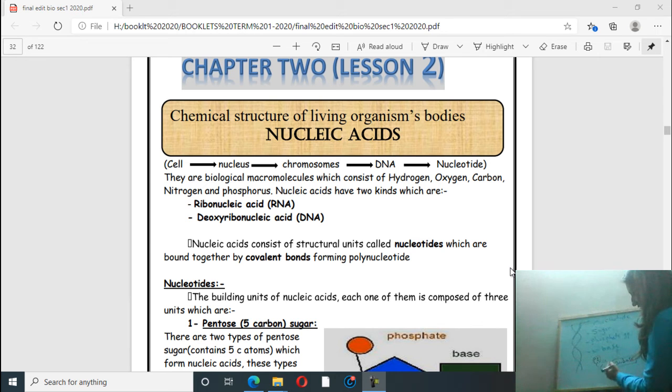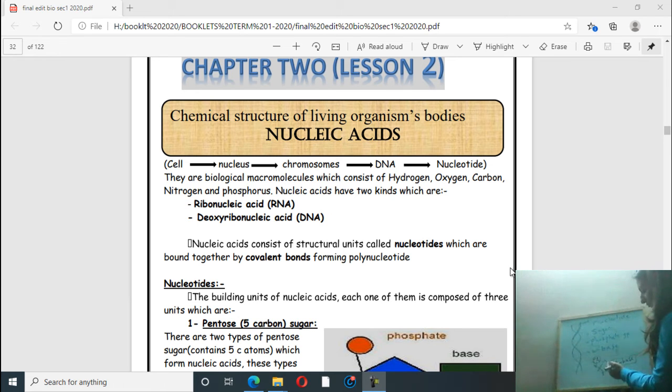If we give the carbon atoms numbers, the nitrogenous base binds to carbon number 1, then carbon 2, carbon 3, carbon 4, carbon 5. So the nitrogenous base binds to carbon number 1 of the sugar, and carbon 5 binds to the phosphate group.